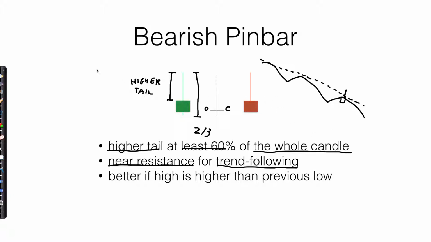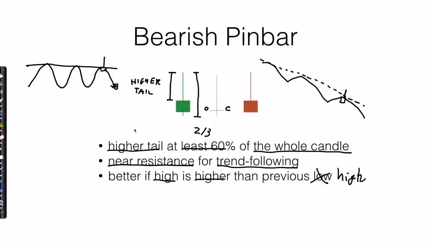Or another situation is when you have a price, for example, that is in some kind of consolidation, and then here you see the pin bar, and then you expect the price to keep going down. And the other thing is that it's better if the high is higher than the previous high.